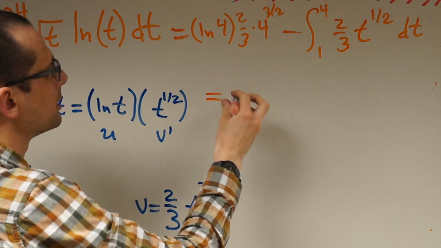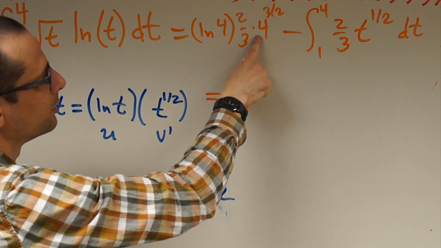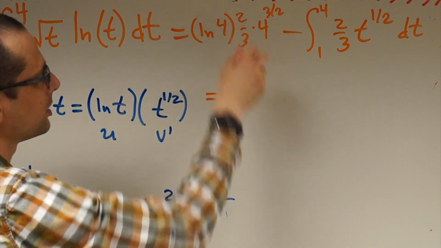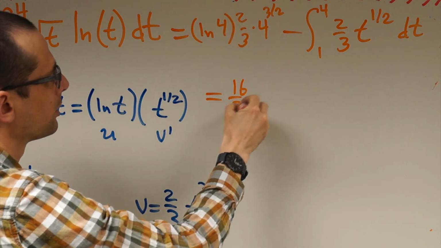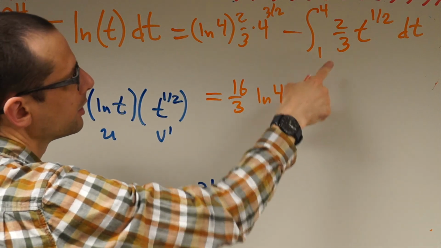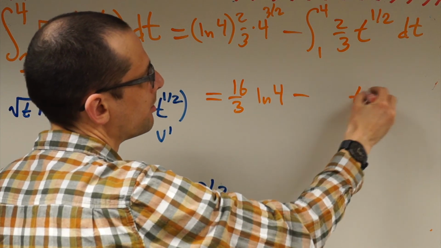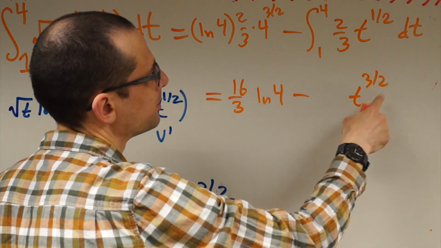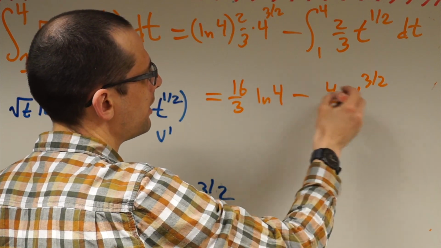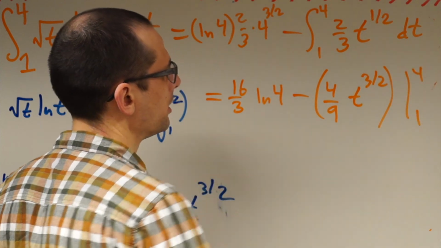So let's write this out here in a simplified version. Let's see if we do 4 raised to the power 3/2. I think we'll get 8, so that's 16/3 times natural log of 4. And then here we'll have minus, the t will become a t to the 3/2. We've seen this before, so then we'll need a 4/9 on it. And then this whole thing will evaluate at 4 and at 1.